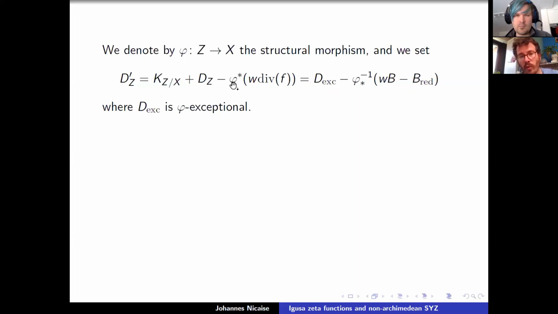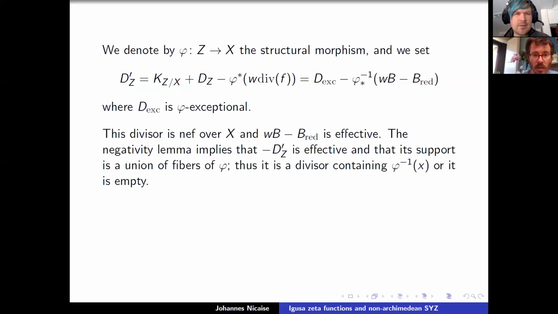And what we're left with are the components in the strict transform of B, because these occur with a factor W in this negative term, and by construction they occur with a coefficient +1 in D_Z. So that's our non-exceptional part of the divisor: the strict transform of WB minus B red.